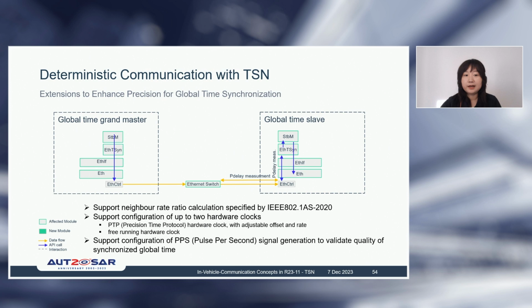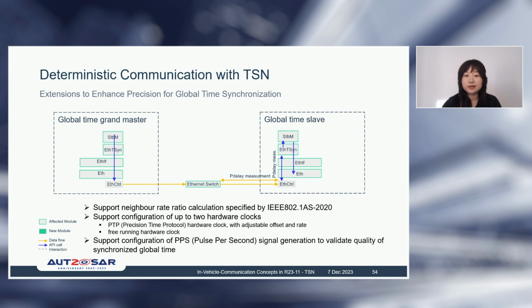With applying and configuring TSN features properly, the Ethernet communication can be deterministic. And for deterministic communication, the essence and the basis is precise time distribution and synchronization. In this context, the time-sensitive network concept in 23-11 enhances precision for global time synchronization.